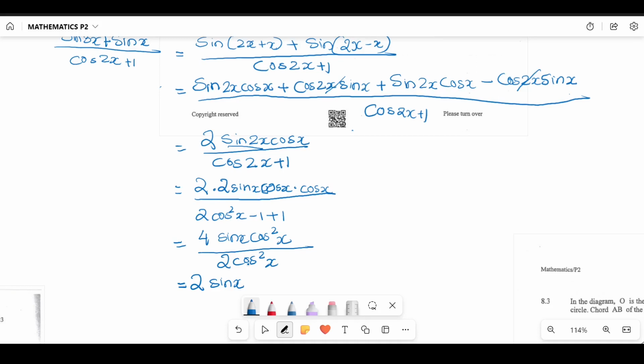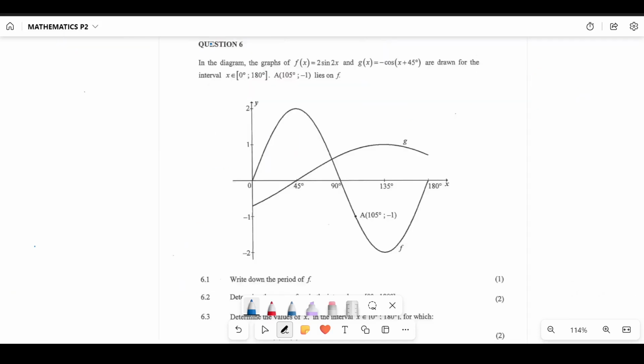Okay, let's go to question 6. In the diagram, the graphs of f of x equal to 2 sine 2x and g of x equal to negative cos x plus 45 were drawn for the interval x element of 0 degrees to 180 degrees, and A lies on f.